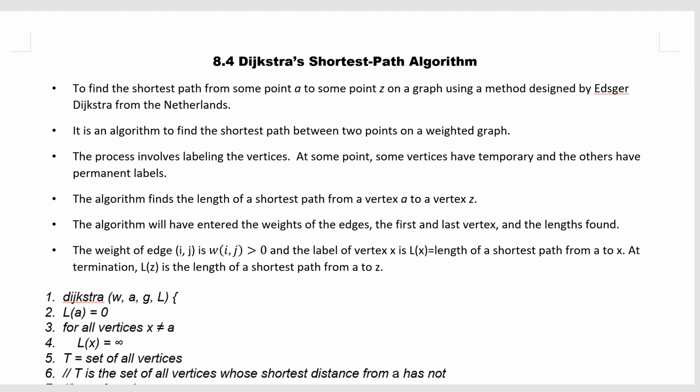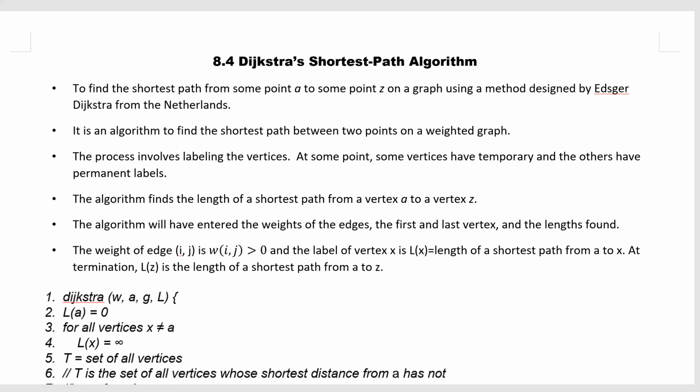The algorithm finds the length of a shortest path from a vertex A to a vertex Z. The input is the weights of the edges, the first and the last vertex, and the output is the length found. The weight of edge ij is w(ij) greater than 0, and the label of the vertex x is L(x). This is the length of the shortest path from A to x. So at termination, L(Z) is the length of the shortest path from A to Z.